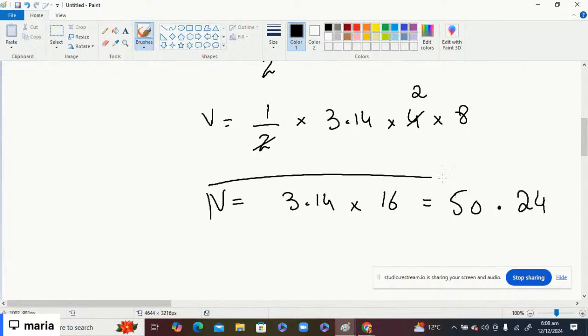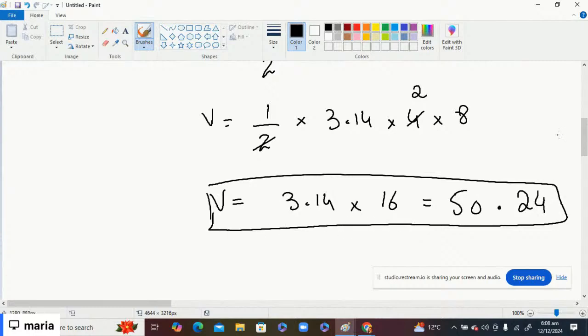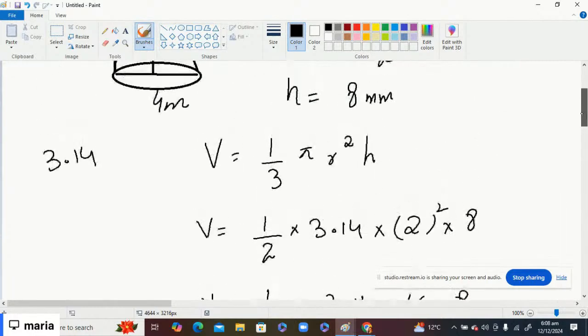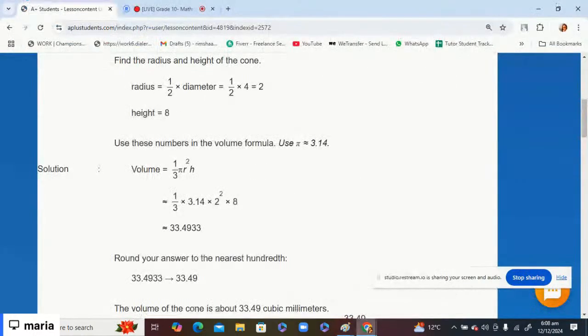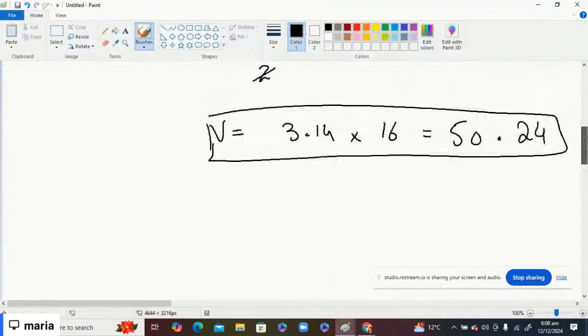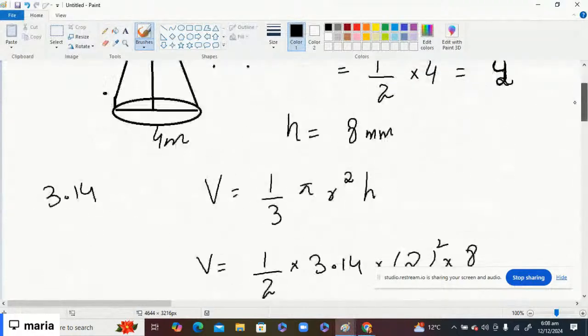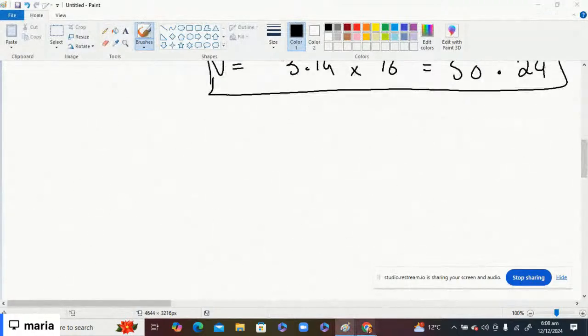That is the volume. This is the formula we are properly using, and in this way we are going to find the volume of this.